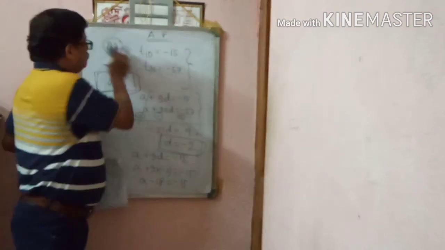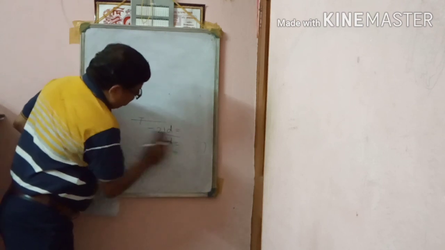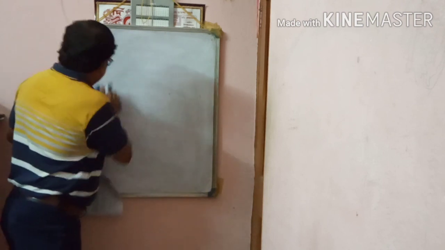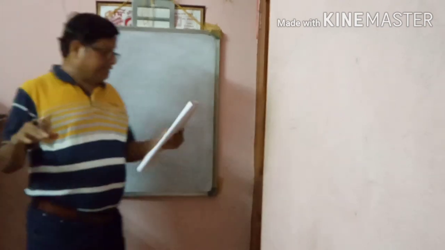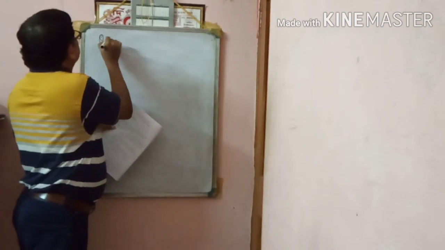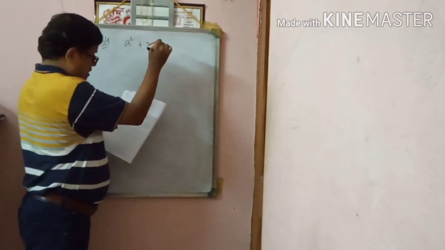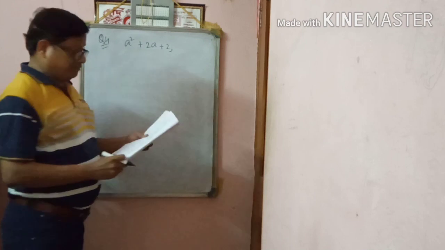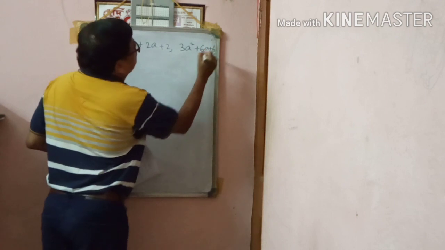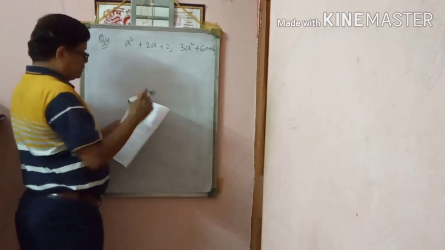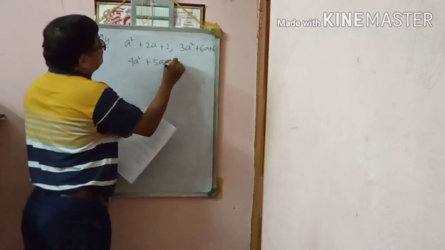Next, question number 4. A square plus twice a plus 2, 3a square plus 6a plus 6 and 4a square plus 5a plus 4.